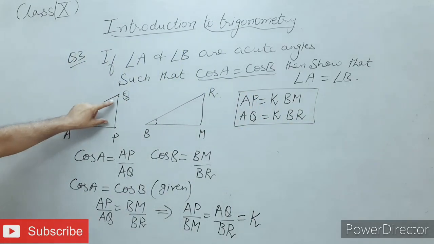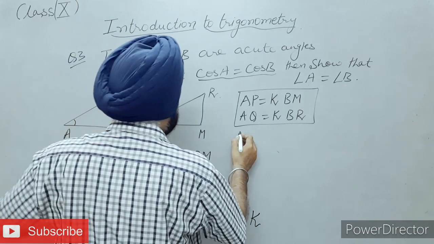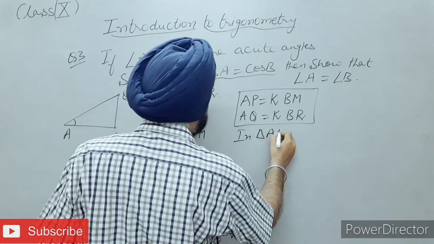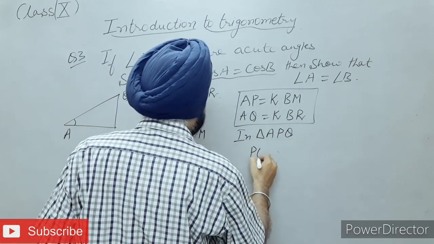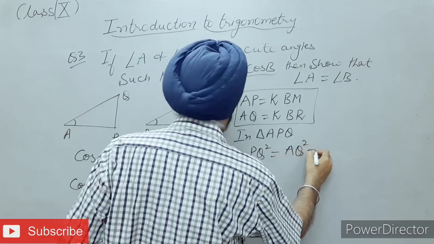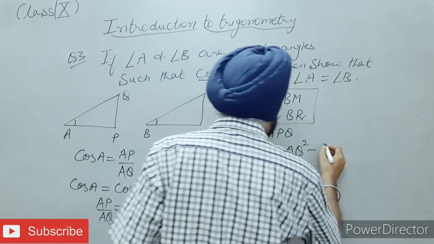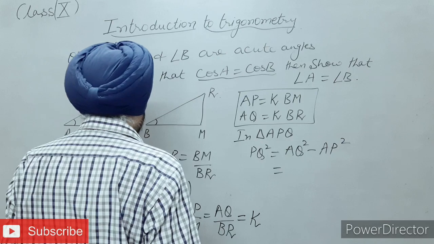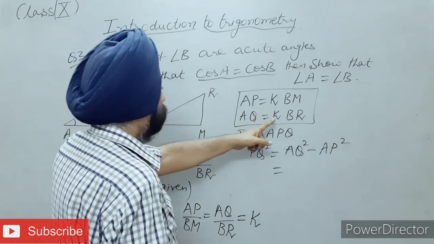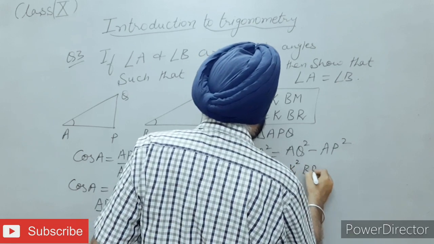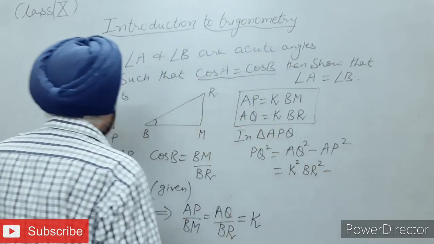Now, let me calculate this value PQ. We don't have this PQ. In triangle APQ, PQ square is equal to AQ square minus AP square. What is AQ square? AQ square is K square BR square minus AP square.